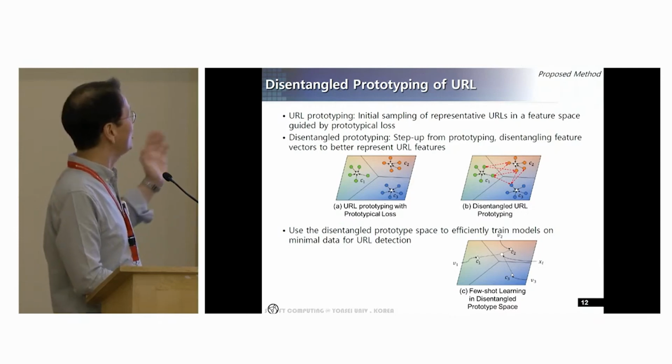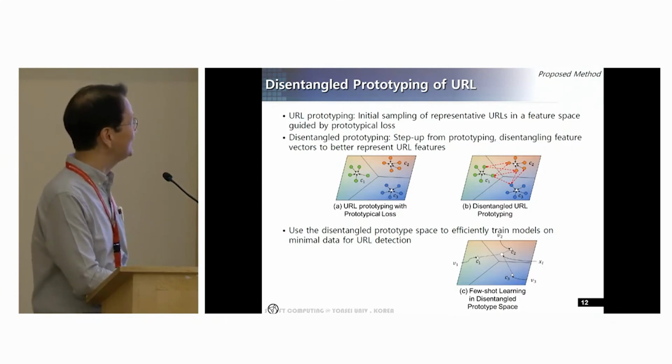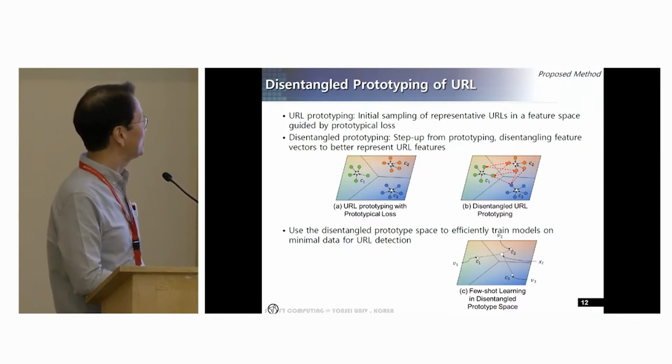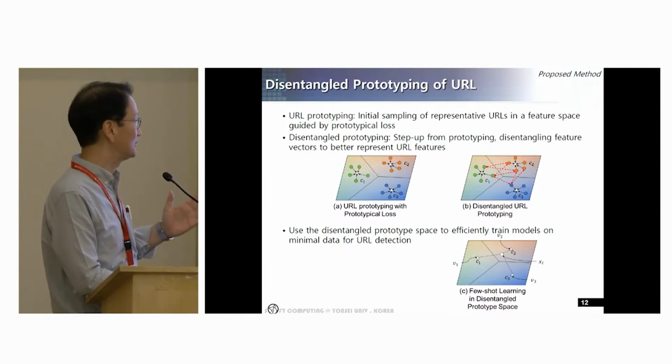However, in addition, we wanted to disentangle the feature vectors to better represent URL features. Unlike the usual representation, by utilizing disentangled URL prototyping, more distinctive samples can be figured out. Using those limited number of representatives as prototypes, few-shot learning can be possible.